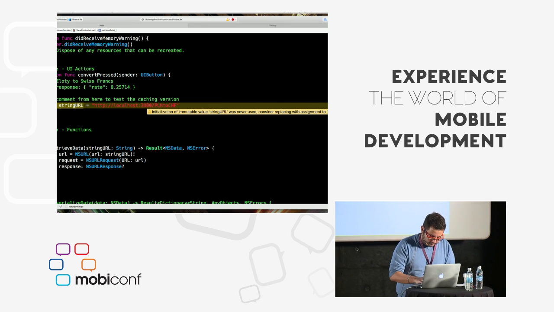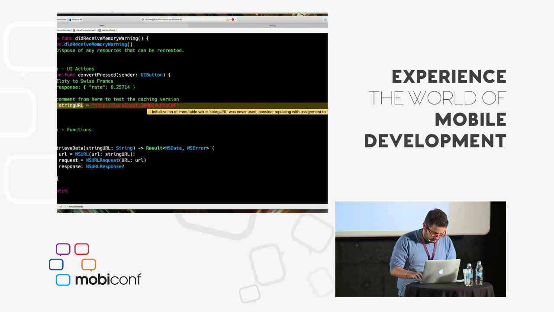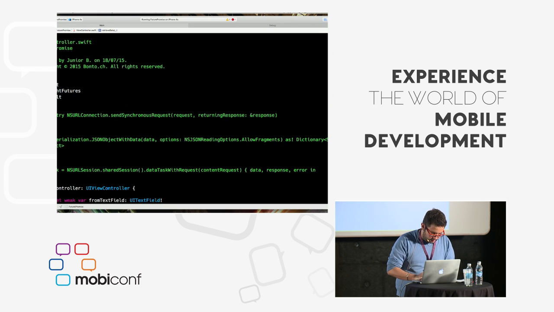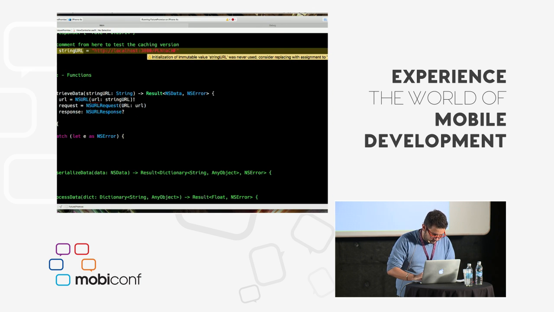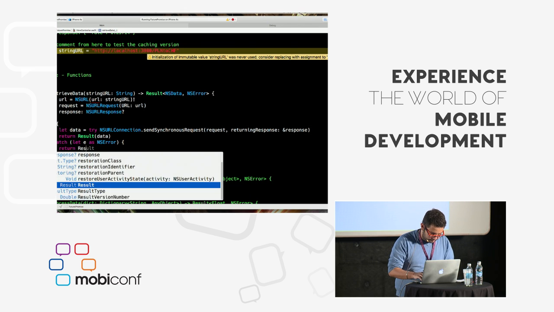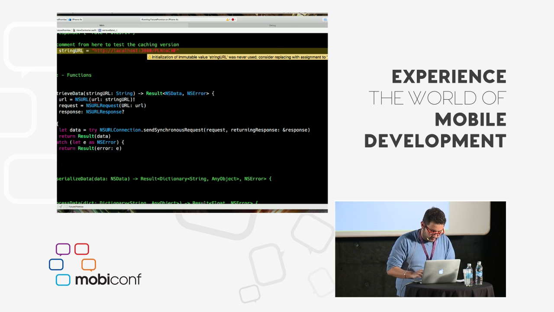And I need my nice error catching, as NSError, and I'm going to get this from here. And what I return is actually a result with my data retrieved. If I have an error, I return, of course, the error that my function created.